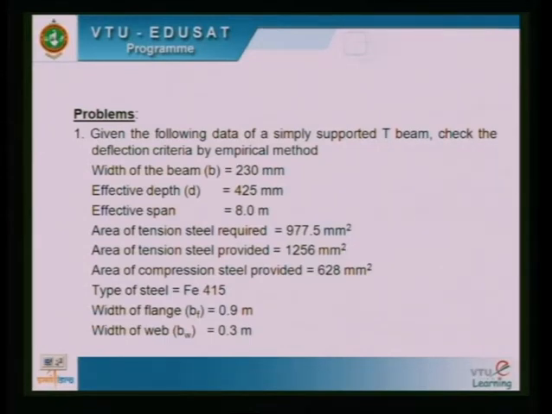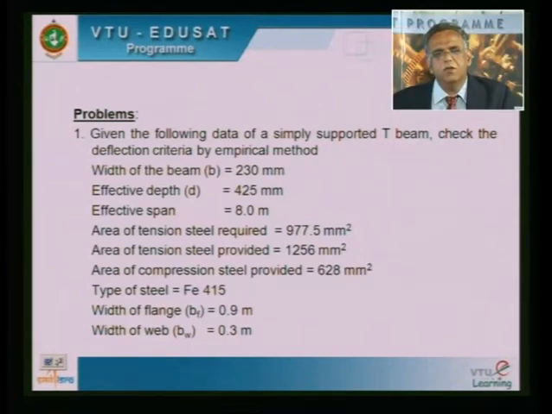So the data given are width of the beam. Normally we use small b to denote this width. So width of the beam equal to 230 mm. The effective depth, within the brackets small d, which is nothing but the notation used for effective depth, is equal to 425 mm.